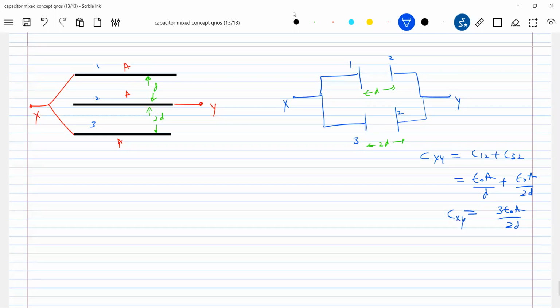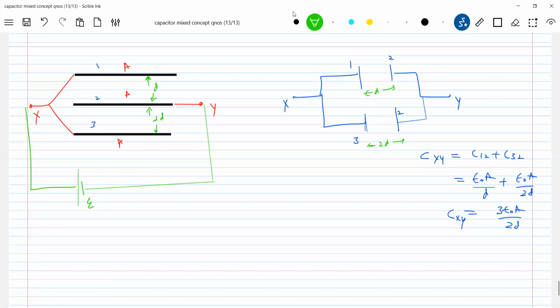If they trouble you here, say they apply EMF, then what is the potential drop across 1, 2, and what is the potential drop across 2, 3? Directly don't look at here, come to this circuit. Since these two are parallel, they must have the same potential drop. So I'll bring some conditions into the circuit. Let me connect a cell. What is the charge on all surfaces?